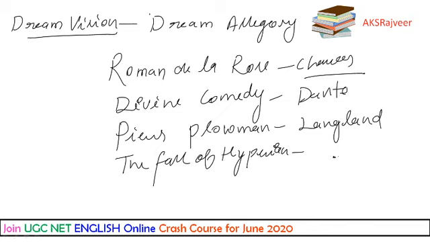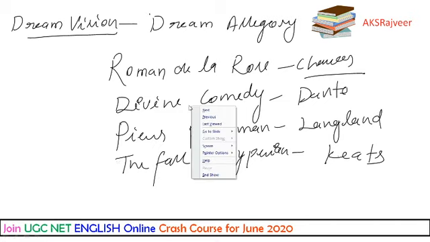And Lewis Carroll has written Alice's Adventures in Wonderland, and Finnegans Wake by James Joyce. So these are the examples of dream allegory, learners. And now we have some more important points to discuss.